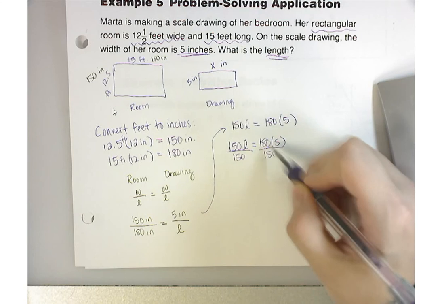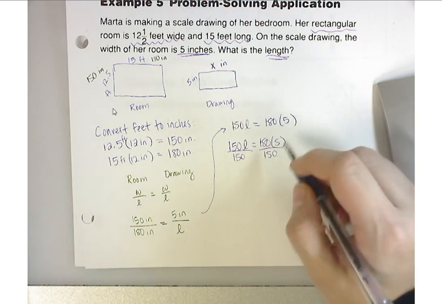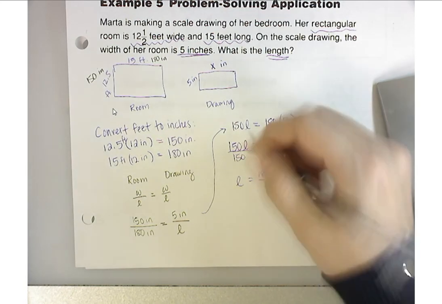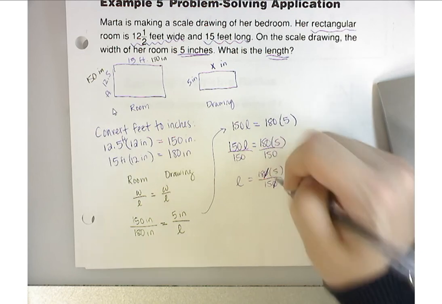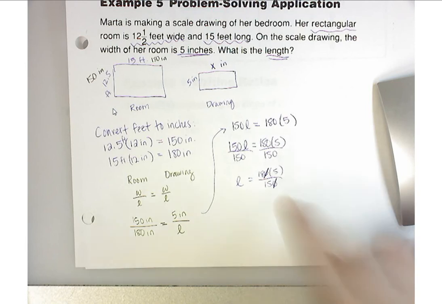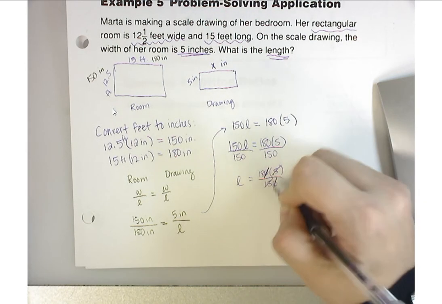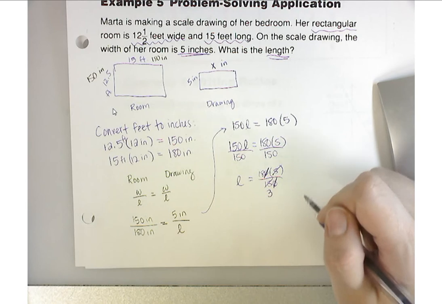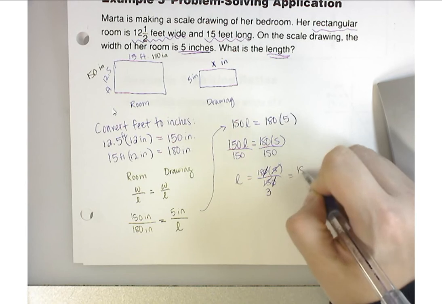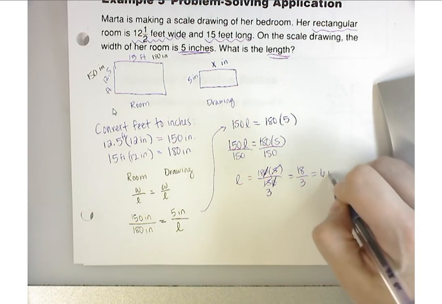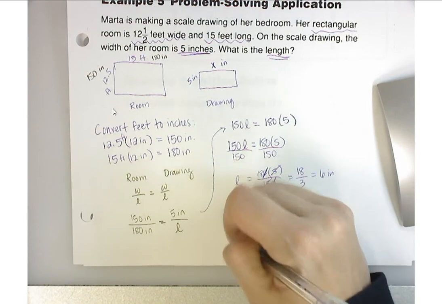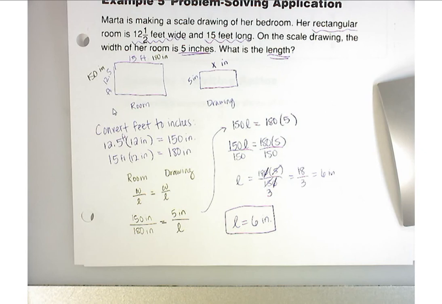Because if you have 180 divided by 150, what cancels out here? The zeros, right? You can divide by 10. And then look, I have 5 and 15. Are those going to reduce? Yeah, how many times is 5 going to 15? 3 times. So now I have 3 on the bottom. And then I have 18 over 3. What's 18 over 3 going to be? 6. So the length of the drawing is going to be 6 inches.